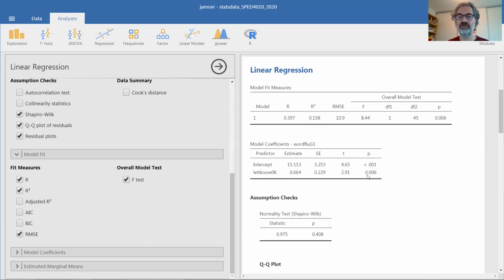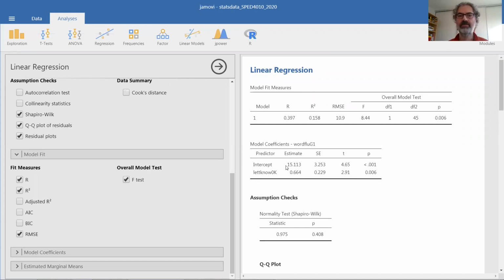So it is different from 0, and we are predicting a change in word reading fluency in grade 1 by 0.66 words per minute for each additional letter that is known in kindergarten. The intercept for this prediction is 15, and this is the predicted word reading fluency in grade 1 for a child who doesn't know any letters in kindergarten.